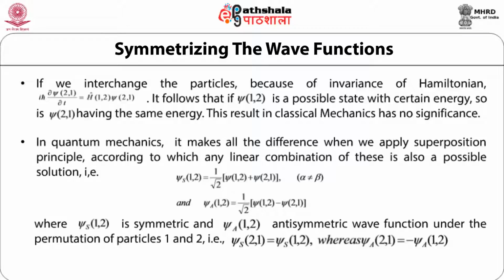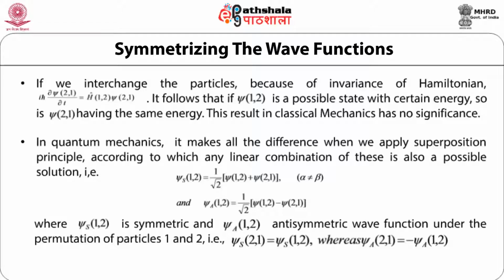For the linear combinations denoted by psi subscript s12 and psi subscript a12, we see that the wave function psi subscript s12 is symmetric, while the wave function psi subscript a12 is antisymmetric under the permutation of particle 1 and particle 2.